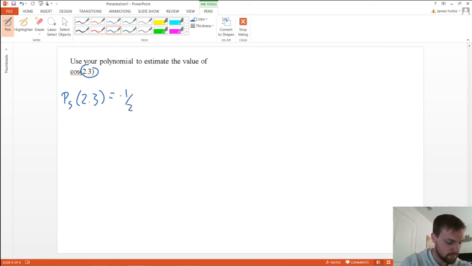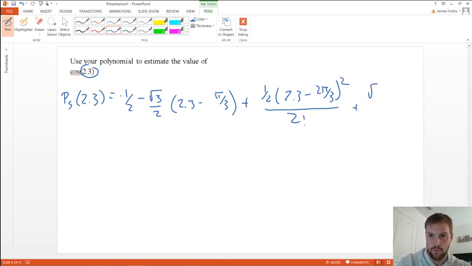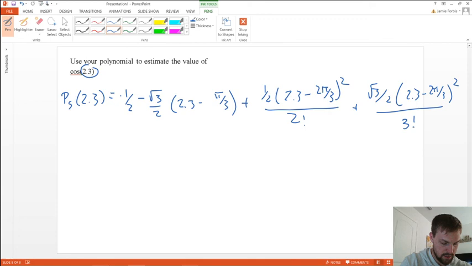Negative 1/2 minus √3 over 2 times (2.3 minus 2π over 3), plus 1/2 times (2.3 minus 2π over 3) squared over 2 factorial, plus √3 over 2 times (2.3 minus 2π over 3) cubed all over 3 factorial. Wait, that should be cubed, I'm sorry.